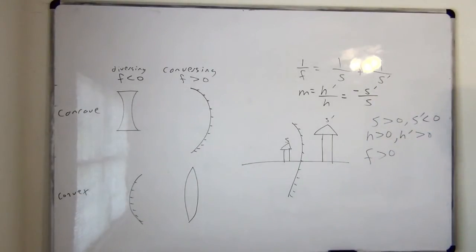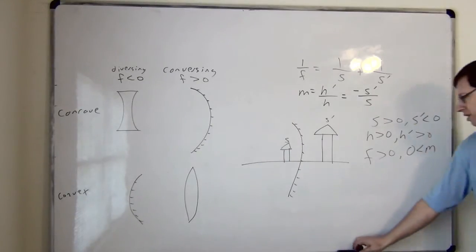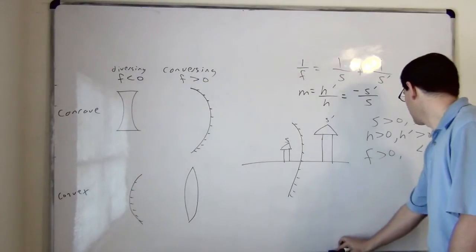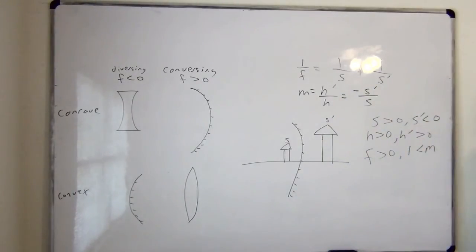Good. And M is positive. We can say a little bit more about M. It's greater than 1. So not only bigger than 0, but bigger than 1, because this is a magnified image.